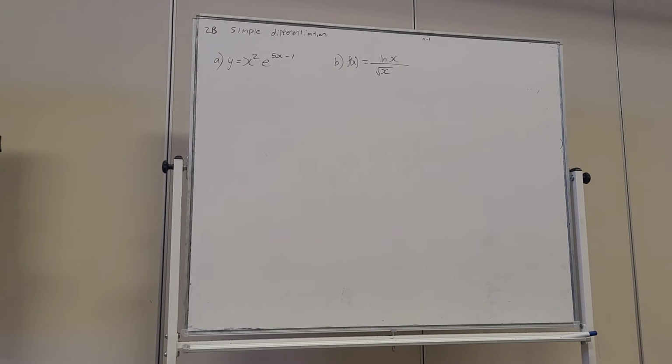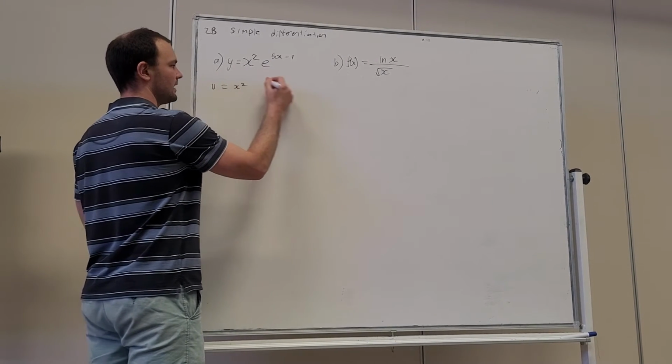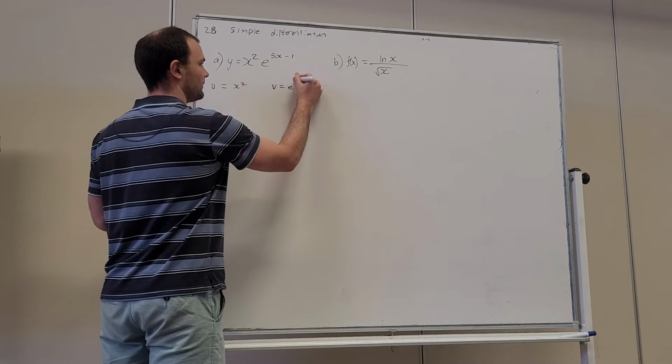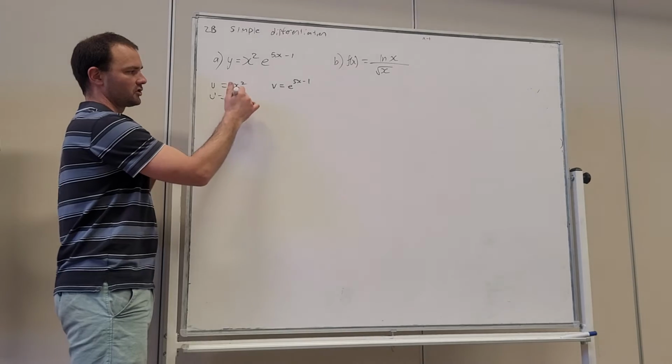Okay, so in the first one, I'm seeing x squared e to the 5x take 1. That's x squared times e to the 5x take 1. That's going to be a product rule. So we've got to identify u, identify v. So u is x squared, v is e to the 5x take 1. And then we differentiate each term respectively.